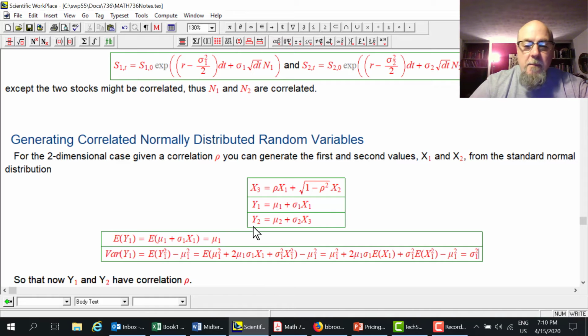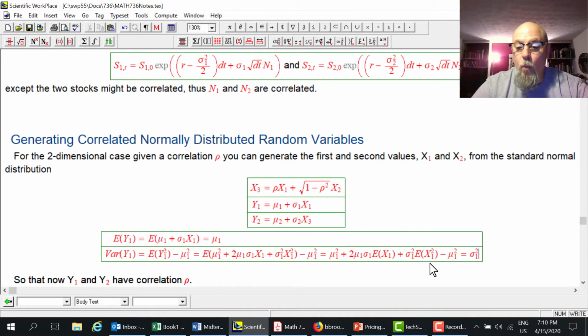Now, the same argument we can make for y2. Well, I know that we argued out the expected value for y2, but you might ask, how do I know the variance of x3? If I replace all these 1s with 2s, if I'm doing y2, this would be the expected value of x3 squared.